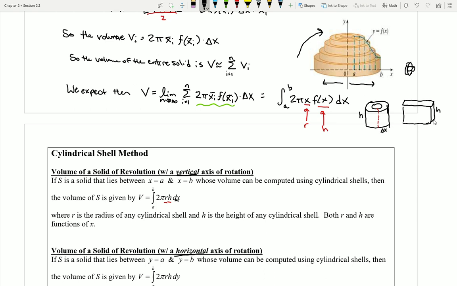And notice that thickness is going to be repeated over here as a delta x. That's playing the role of our dx. My height is playing the role of f of x because my function helped me determine that. The only other dimension I would need to find the volume over here would be this length on the side. How long is this thing? If I knew that, I could easily find the volume.